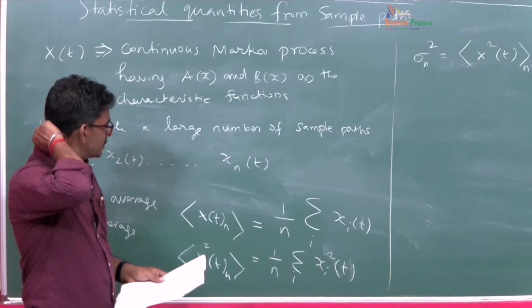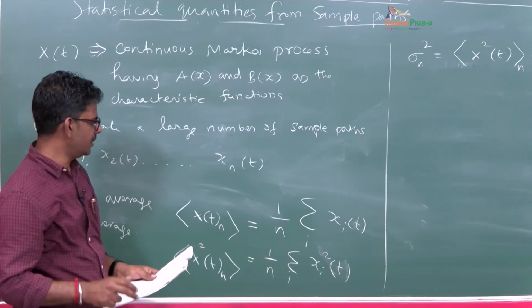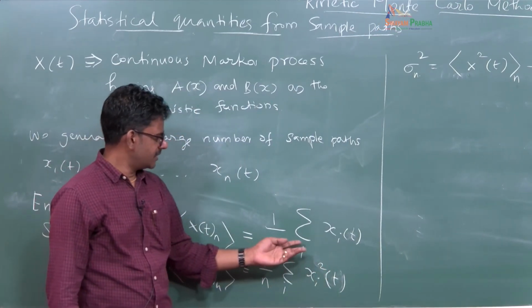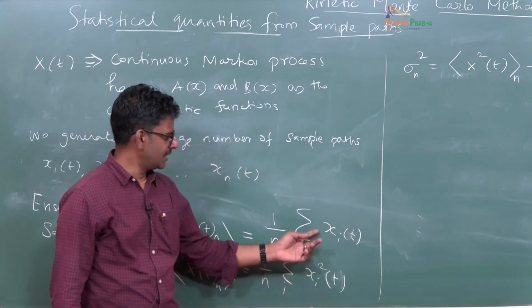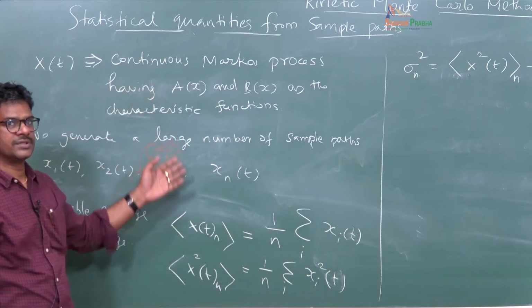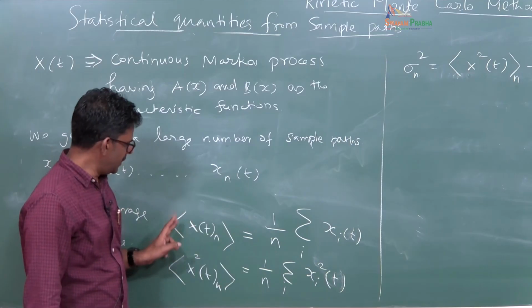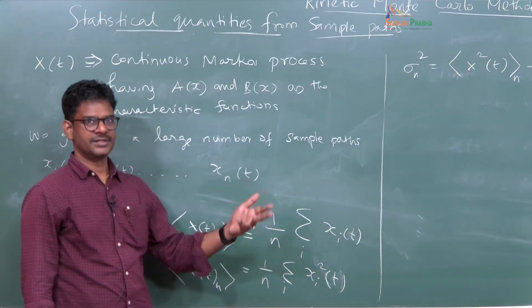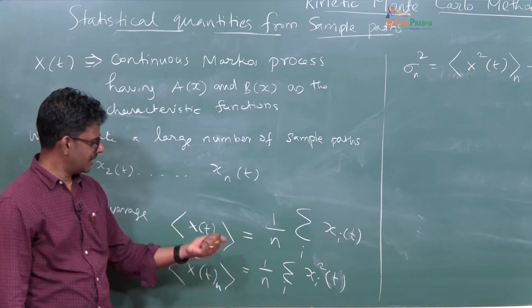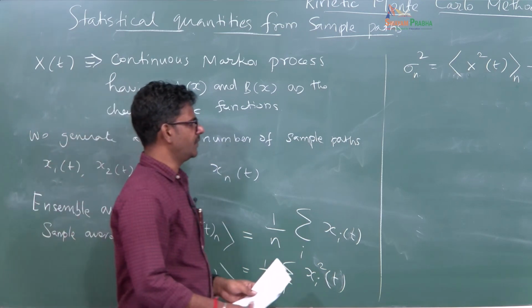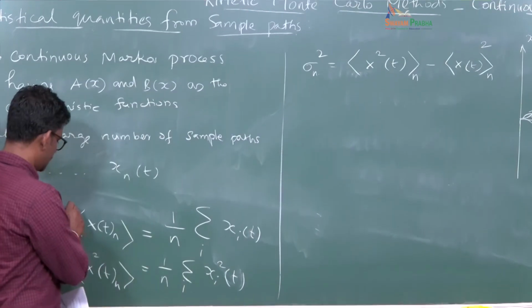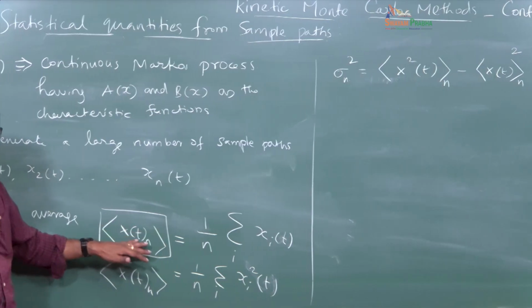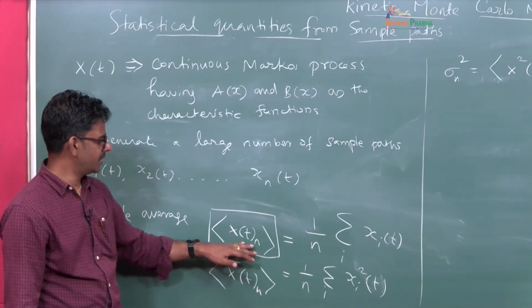So in that case, what we will do is, we will make use of the central limit theorem, where you can see that regardless of the distribution of xi which we are generating, the mean that we are getting here is going to be a normally distributed random number. That is the outcome of this powerful central limit theorem. So what we can show is, this mean that you see here will have a Gaussian distributed character.